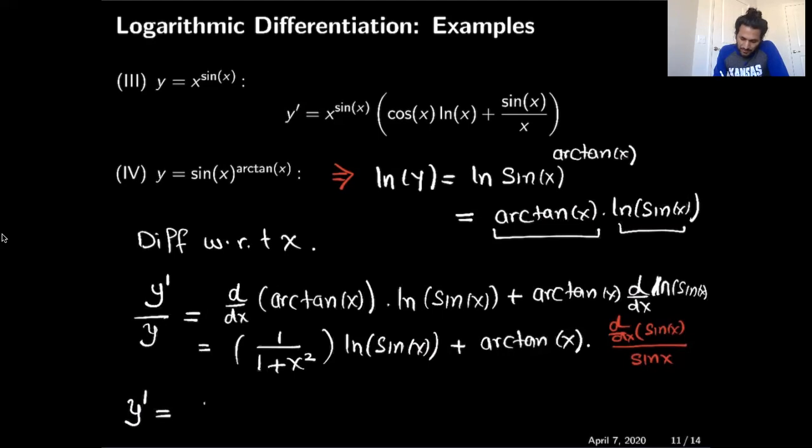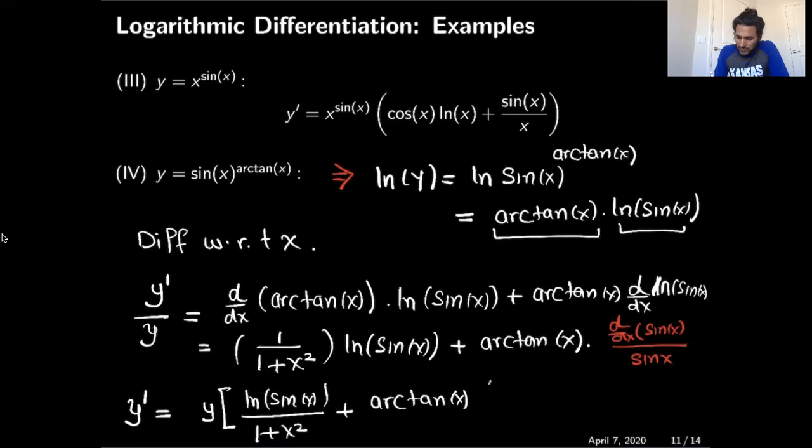So y prime will be y times this whole expression, which is natural log of sine x divided by 1 plus x square plus arc tan x. The derivative of sine is cosine x over sine x, which is also tangent x.